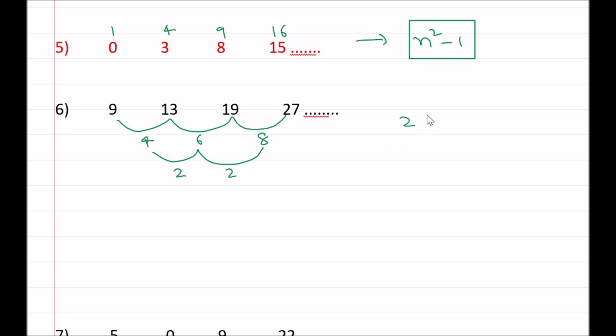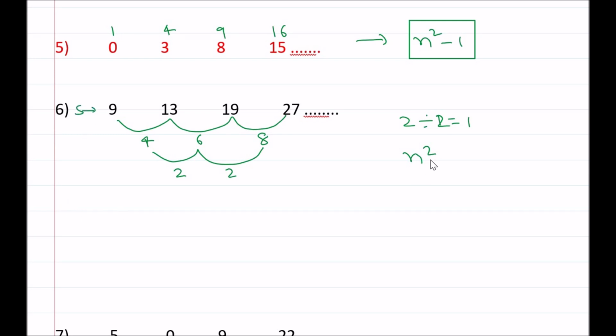So 2 divided by 2 gives us 1. That means we will take n square. N square will be part of the nth term formula for this sequence. This is not completed yet, so we'll see what more will come here.